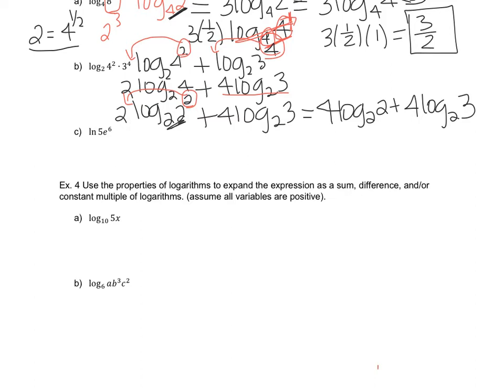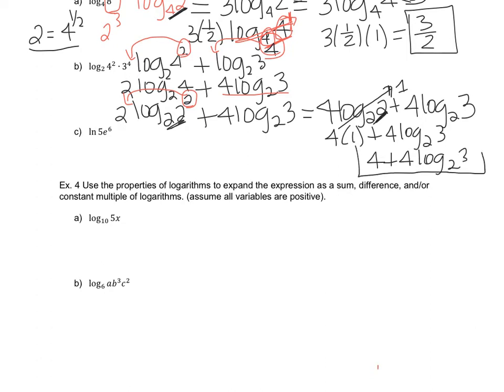Our property says when your bases match, that essentially goes to 1. So what I've essentially got is 4 times 1 plus 4 log base 2 of 3, which gives me a solution of 4 plus 4 log base 2 of 3, and that's your final answer.